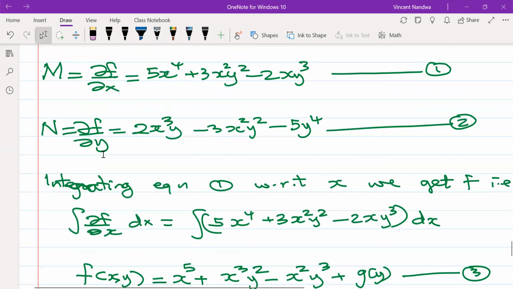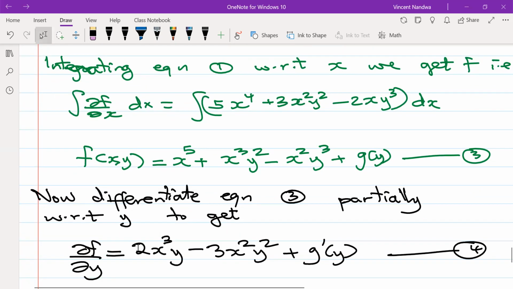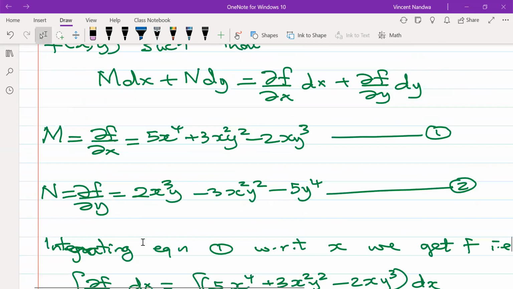Now, remember equation 2, which is N, is the same as partial f partial y. And now our new equation 4 is also defining partial f partial y. So equation 4 and equation 2 define the same value of partial f partial y, so we can equate them.